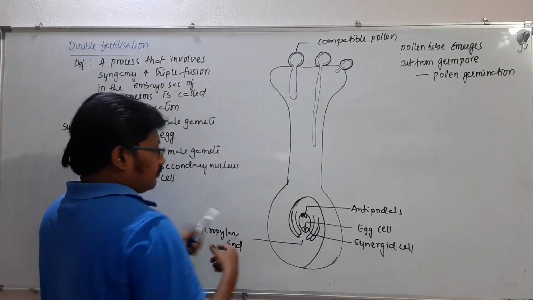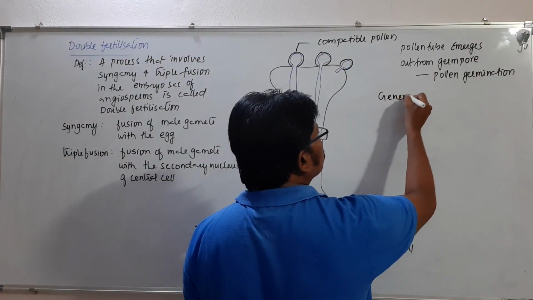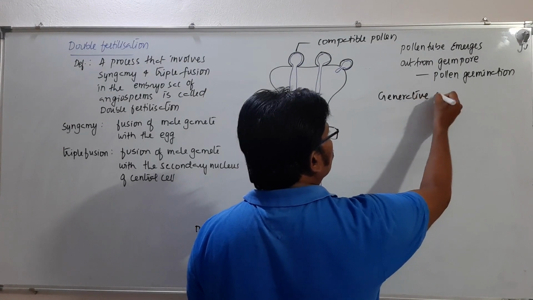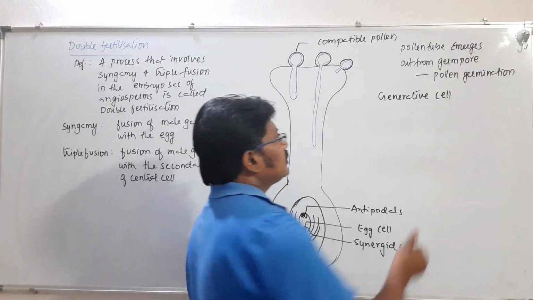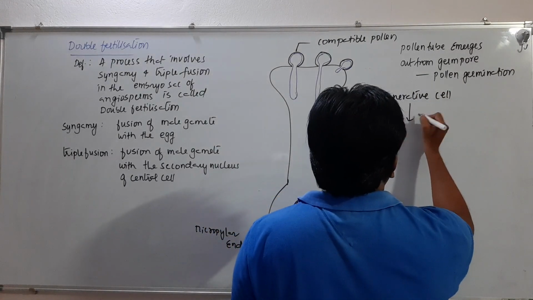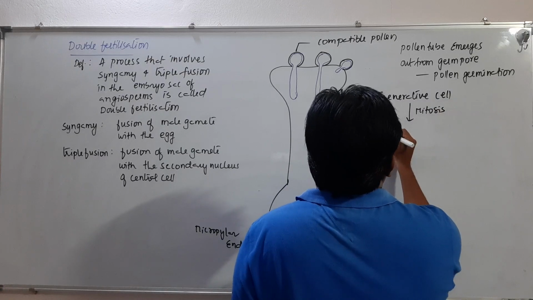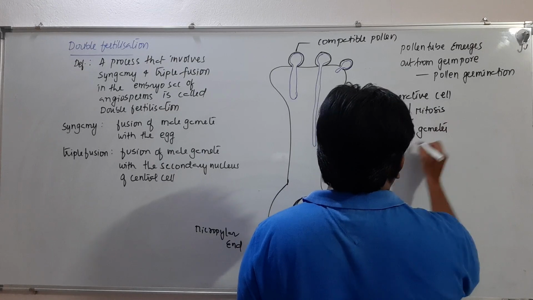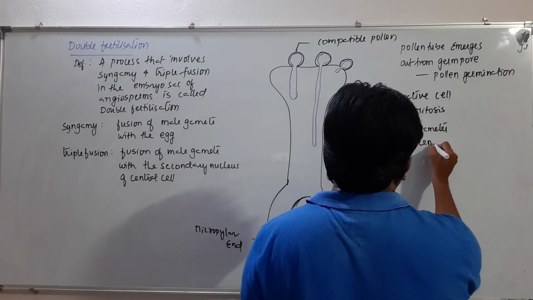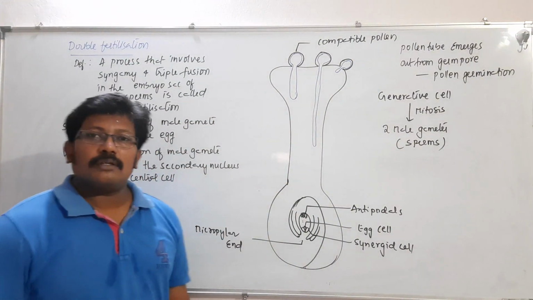So here inside this the generative cell, if it is released at the two-cell stage, undergoes mitosis and produces two male gametes. So I call them sperms. So two sperms will be produced here.